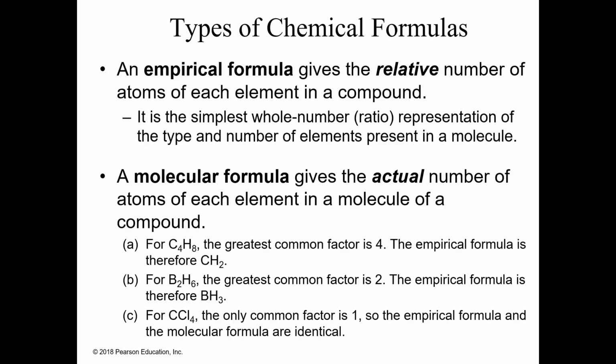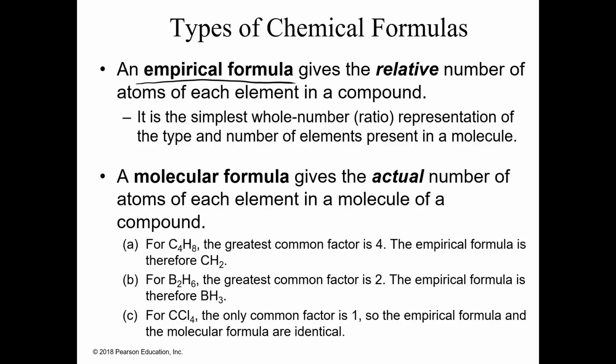You should be able to derive the empirical formula from the molecular formula, and this will come in handy later on. So for now, it's really just vocabulary, right? Understand that the empirical formula is the relative ratio of atoms.